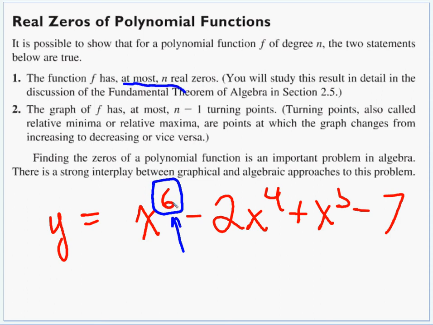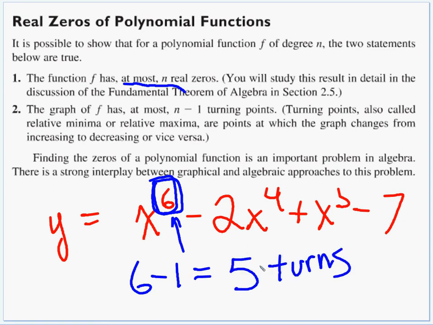Maybe not that many. Maybe it has a couple that are repeated, but that will be the most that it possibly has. And if I'm going to graph it, it's going to have that number minus one turns. The graph will have 5 turns. That means we could have 5 mins and maxes in total, maybe 3 mins and 2 maxes or vice versa, but we know the graph will have that many turns.